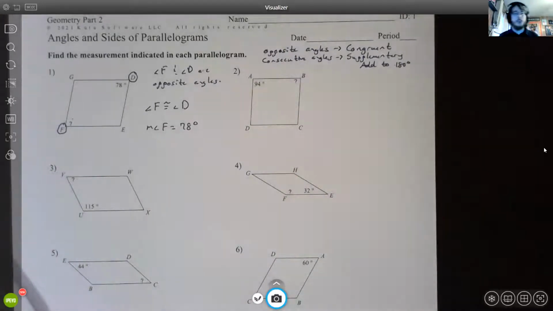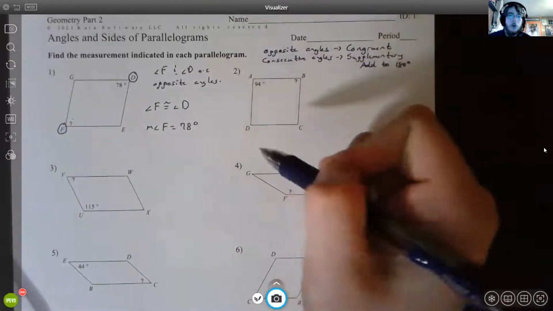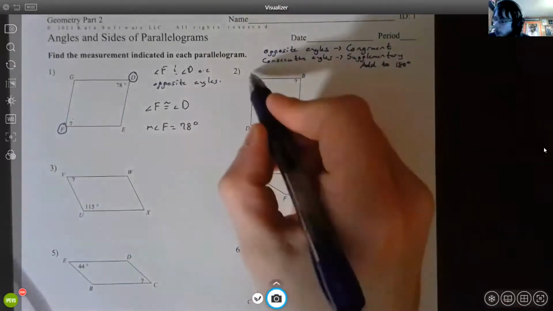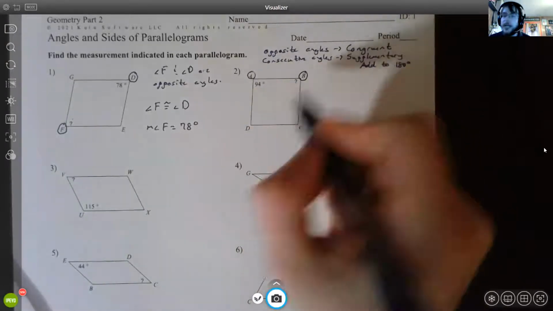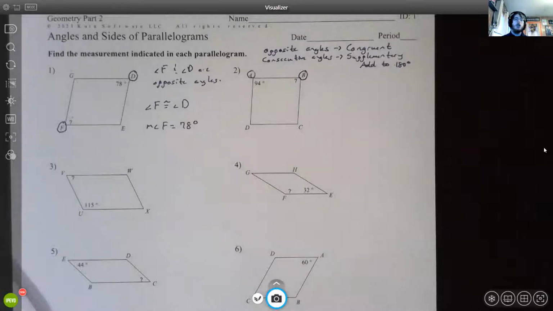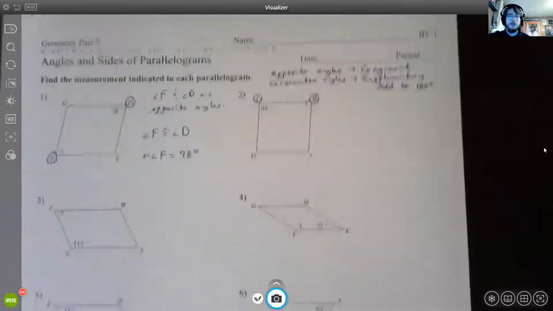So let's look at number two. We have angle A given to us. Angle A is 94. And we're wanting to find angle B. So again, we have to ask ourselves the question, are these opposite angles or are they consecutive angles?